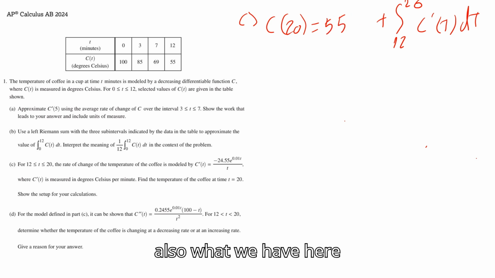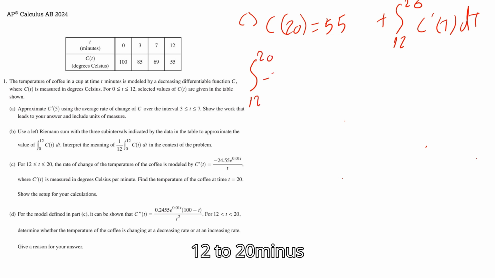Also, what we have here: for t between 12 and 20, C prime equals this. So we can write the value of C prime. Here we have the integral from 12 to 20 of minus 24.55 times exponential 0.01t over t dt.